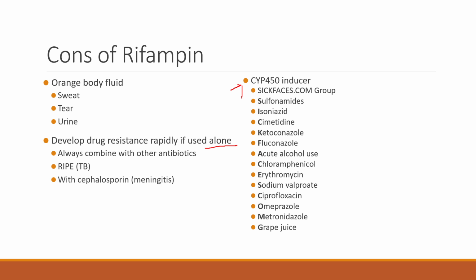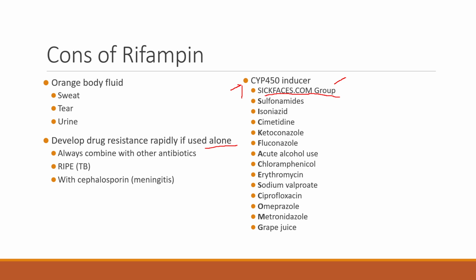You can understand this by understanding, or you have to memorize, the CYP450 inducer group. We have a mnemonic here, the SICKFACES.COM group, and I've already marked them here, and there are lots of them on the internet. You can go through them and choose the one you think is easy for you to understand.